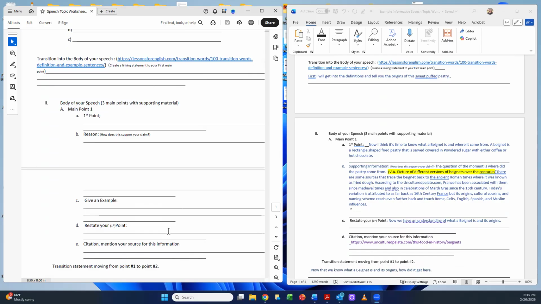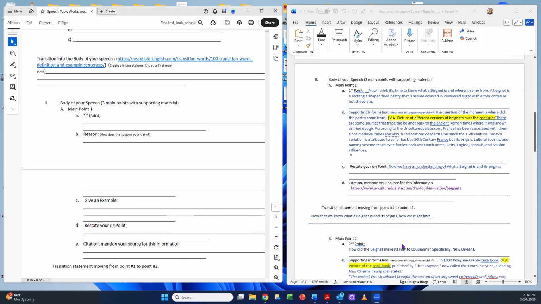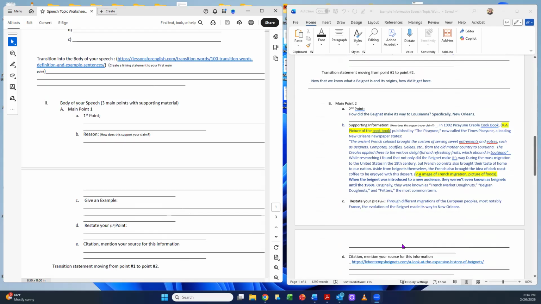You're going to restate that point, maybe not say it the same exact way that you introduced it. And then you're going to give a little bit of whatever your citation or your source is. Okay, let's move to main point two.